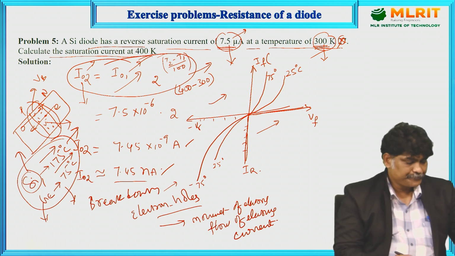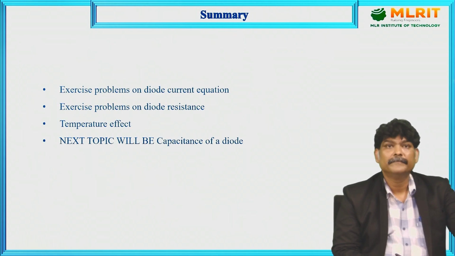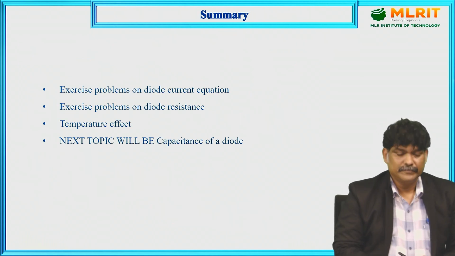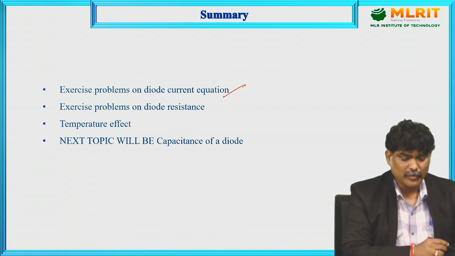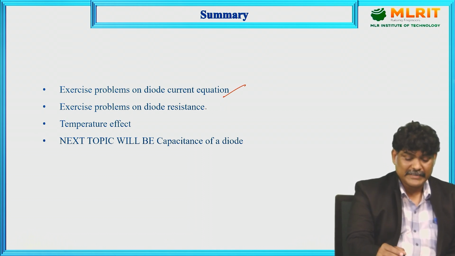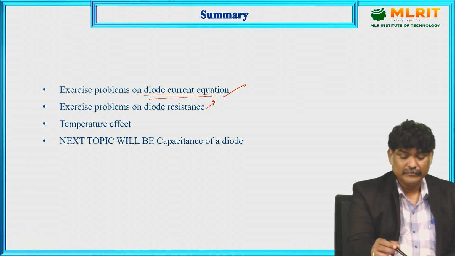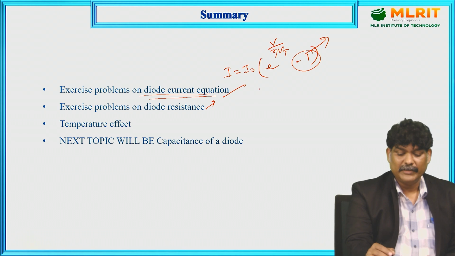So let us see what we have seen in today's session. In the previous session we discussed some exercise problems on the diode current equation and on diode resistance. The diode current equation: I is equal to I naught into e power V by eta VT minus 1. For forward bias we neglect this 1, so simply we can write I is equal to I naught into e power V by eta VT.